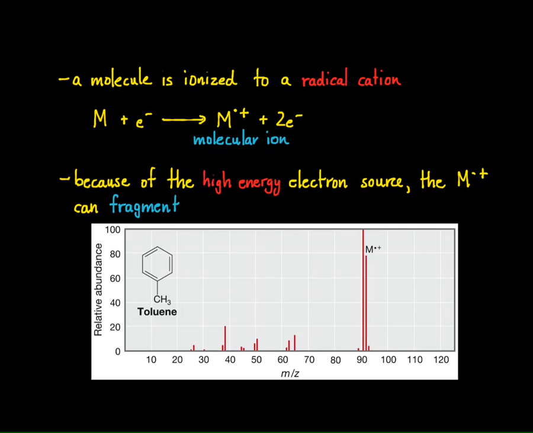One thing to note is that the molecular ion peak is actually not the thing with the largest mass. If you take a look to the right of the molecular ion peak, you see a very small peak that is 1 unit greater than the molecular ion. This is what we refer to as the M+1 ion, and it has to do with the different isotopes of hydrogen and carbon in toluene.